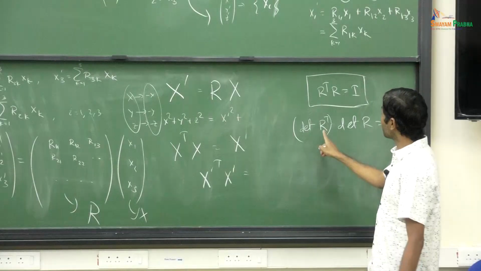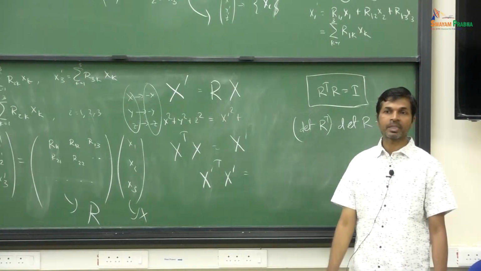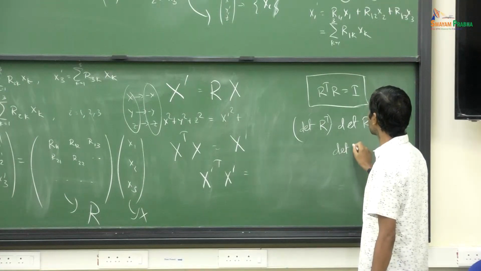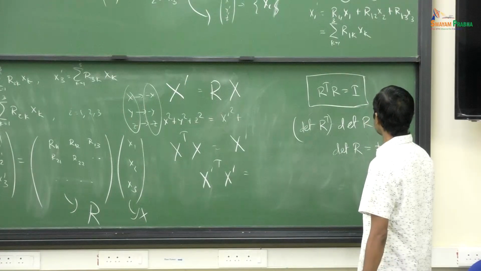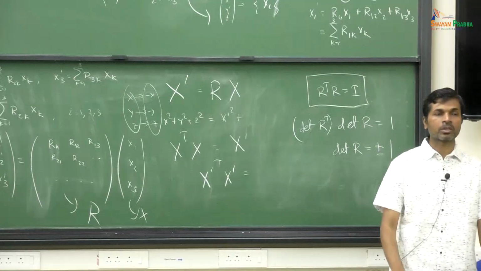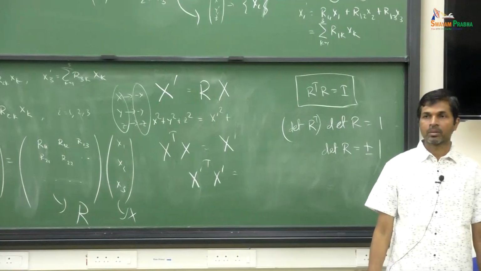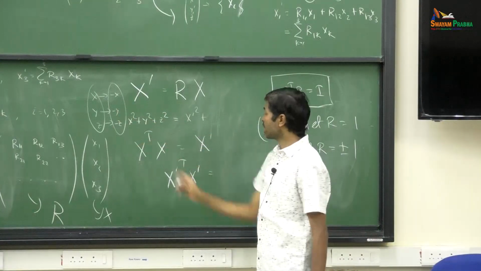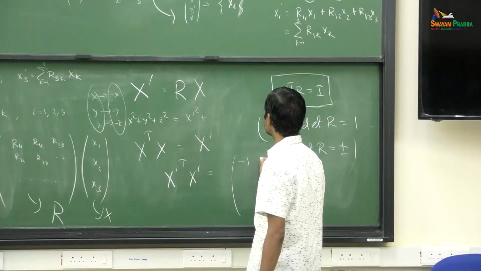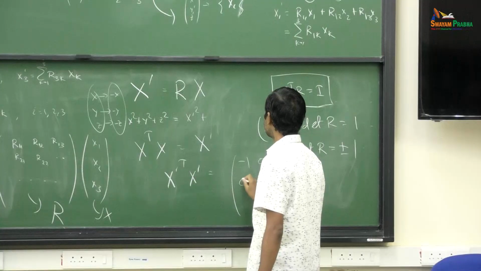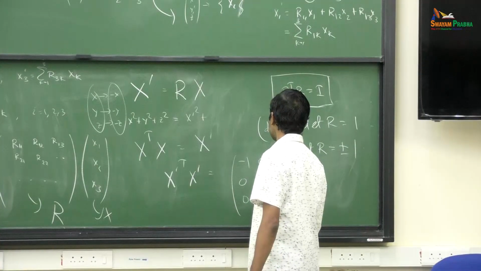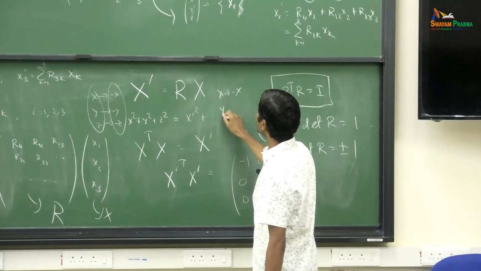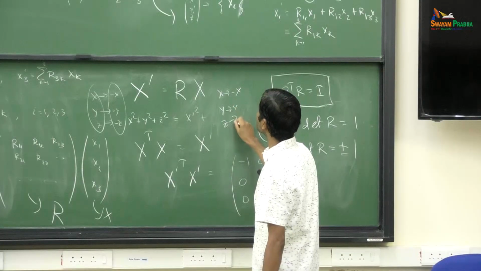And determinant of R transpose is same as determinant of R. So determinant of R square is 1. So determinant of R is plus or minus 1. And if you make a transformation like this, the matrix here is minus 1, 0, 0, 0, 1, 0, 0, 0, 1. Let's say you just consider x to minus x, y to y, z to z.